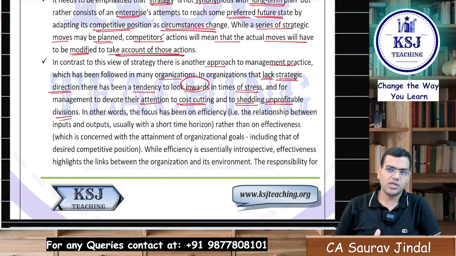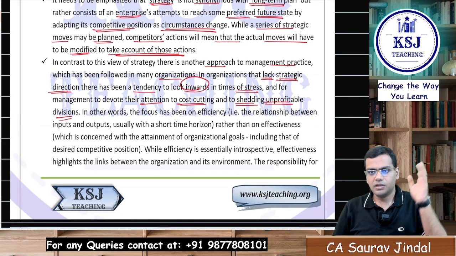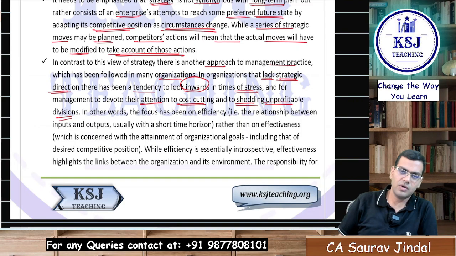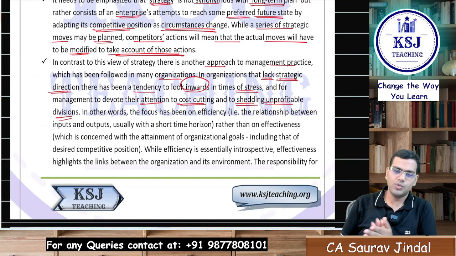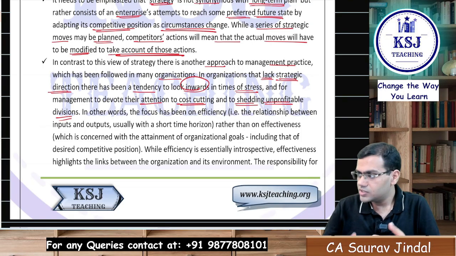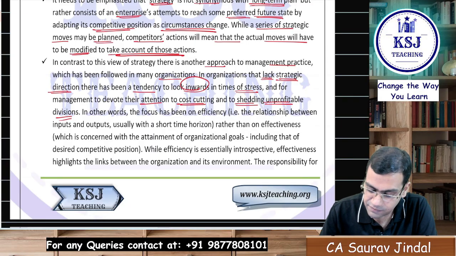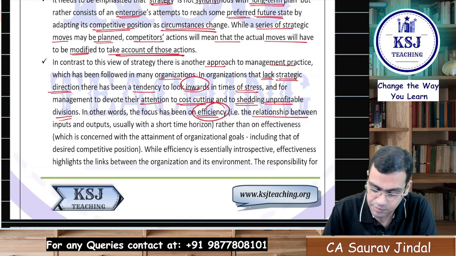They will do the cost cutting. The labor turnover will be high. They will ask some of the workers to please leave the factory because we cannot pay you so much of the salaries. Unprofitable divisions, they will close down. So a lot of things will start happening, right? In other words, the focus has been on the efficiency, that is the relationship between input and output, usually with a short time horizon.